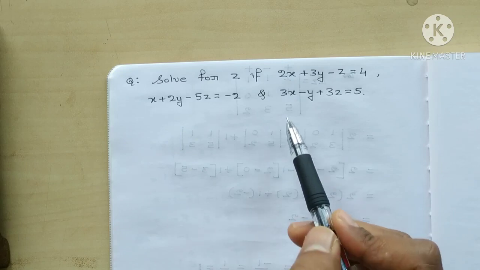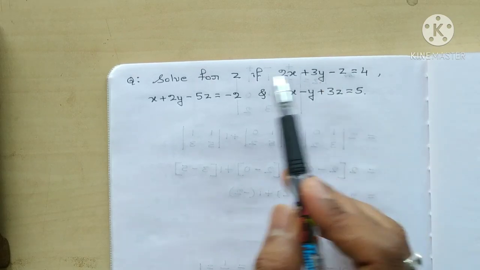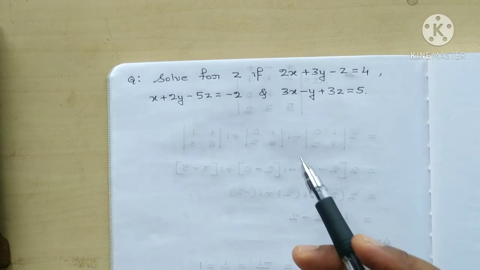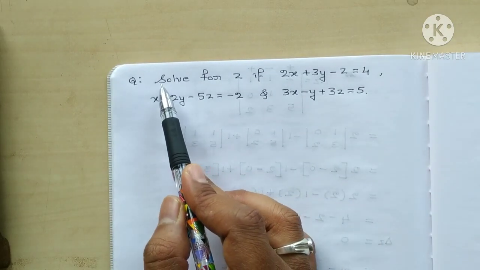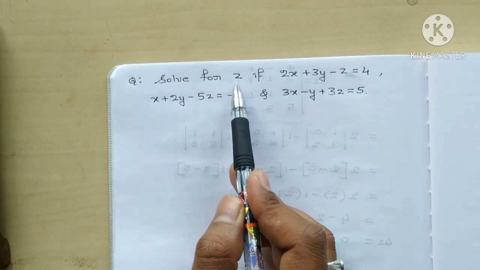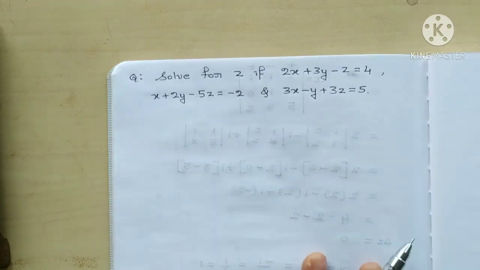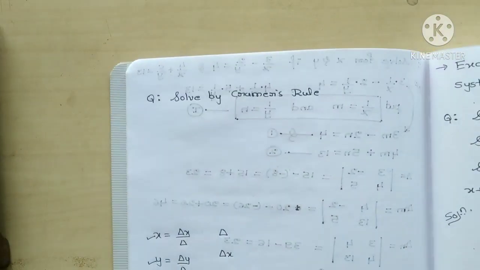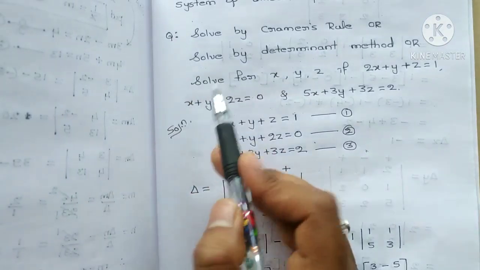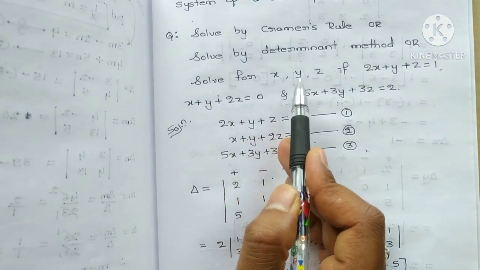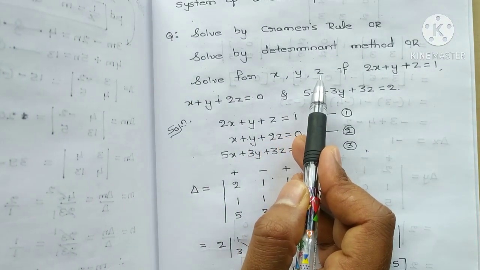See, the difference between the previous example and this example is, here you only need to find out which value? Z value. But in the previous example, what was the question? Solve for x value, y value and z value.